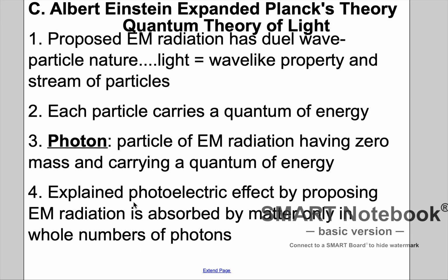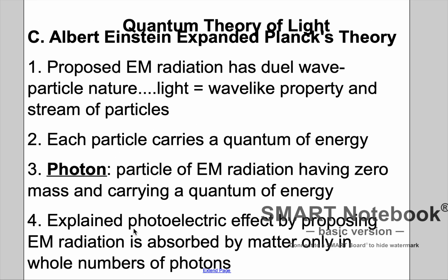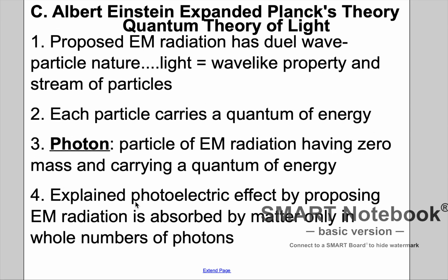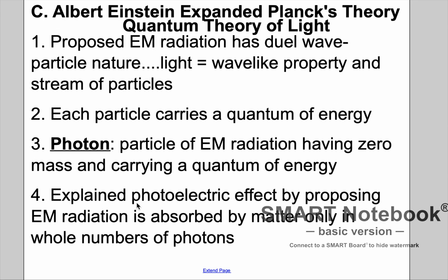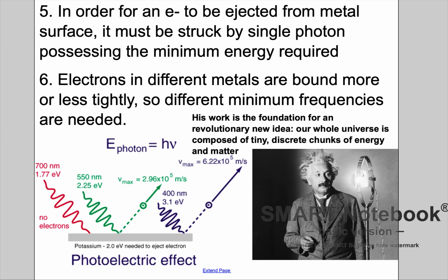So basically Albert Einstein is saying, hey, remember, it's a wave, but it's also a particle, and that particle has an amount of energy, and that energy is a whole number. In order for electrons to be ejected from that piece of metal, like I said, it has to be struck by a single photon that has the minimum amount of energy.